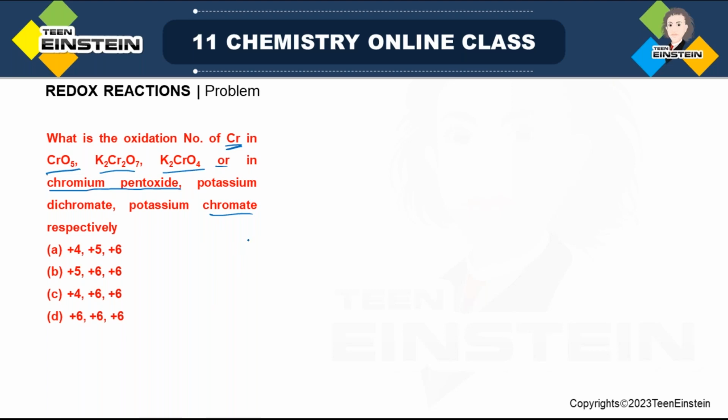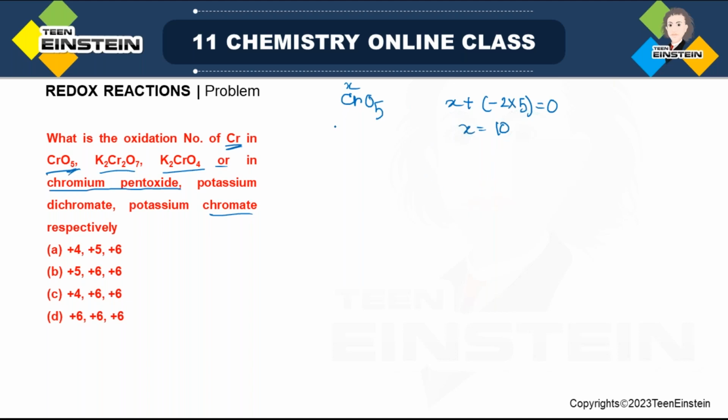Now, as I have said, if you do the calculation for CrO5 directly from the formula, it seems as if x, total negative charge coming is -2 into 5. Overall, the molecule is neutral. So as if it seems 10. But a 10 oxidation state for chromium is not possible at all.